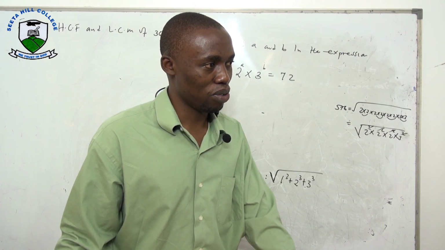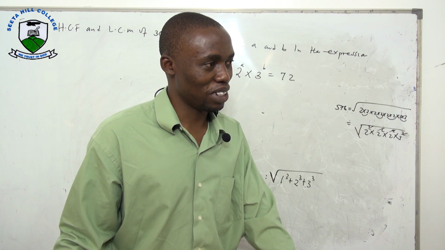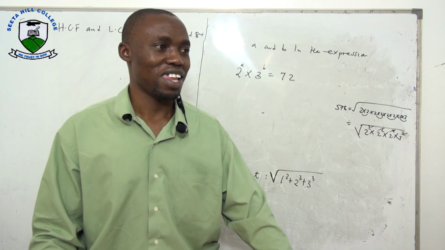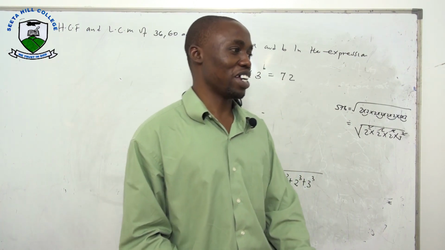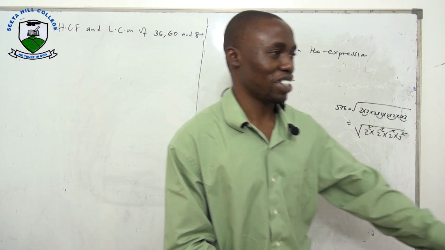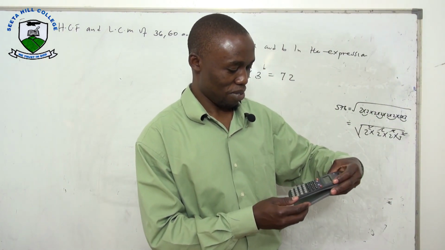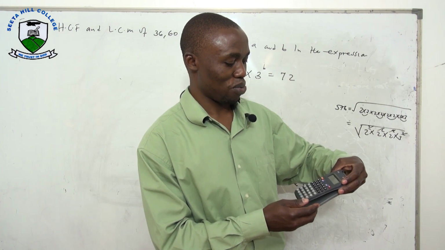Press square root and you see. Can't get the square root of 81? Mine can get the square root. It can get square root and cube root.